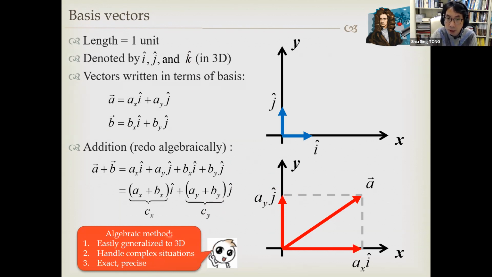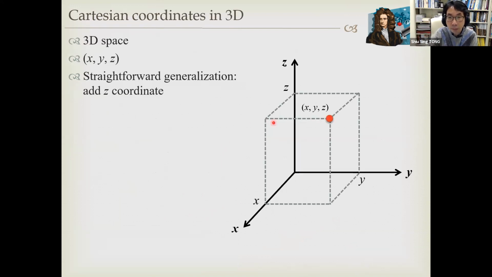It is very precise because you can add it up using your pencil and paper and also your computer. If you are given 100 vectors, for example, you can actually write a program to add up all those vectors. So this is a very systematic and robust way to add up vectors. So this is a straightforward generalization. We have the z component now. So this is a 3-dimensional space.